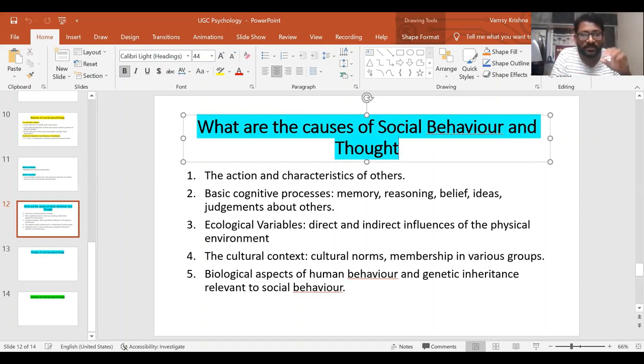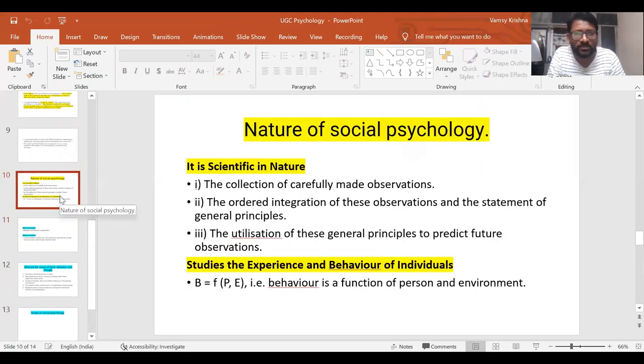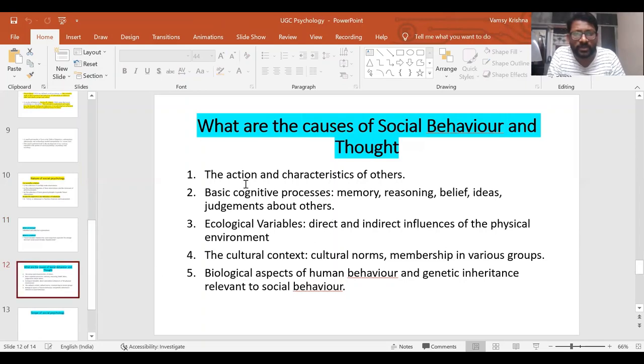So these are the causes, and this is the nature of social psychology, which is scientific in nature, where we can study the experience and behavior of individuals and figure out the causes of social behavior at different settings.